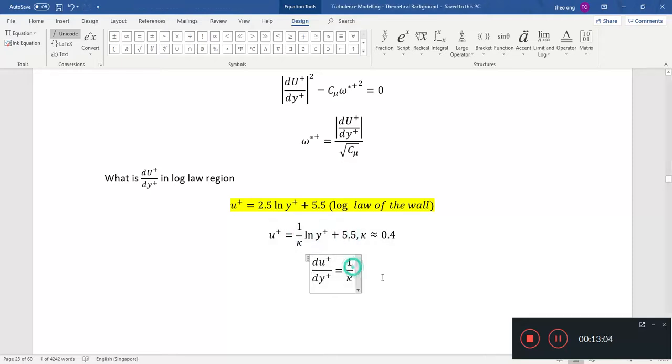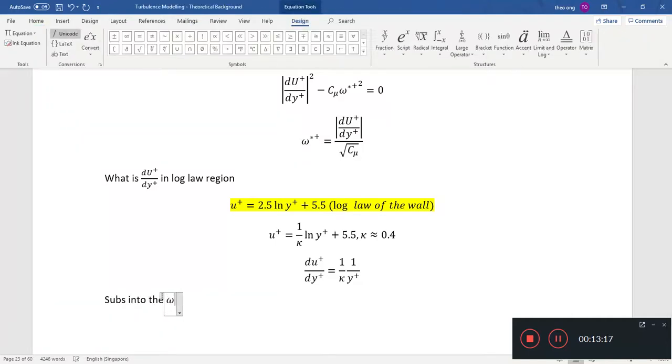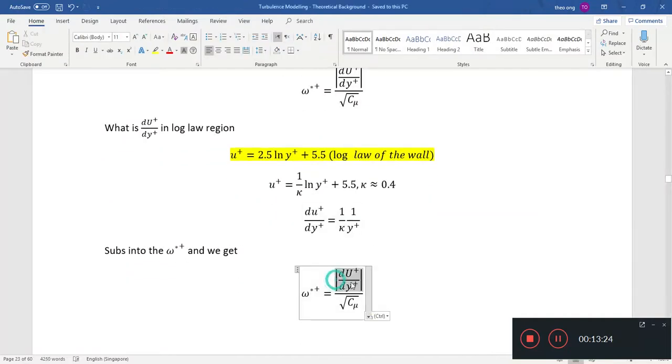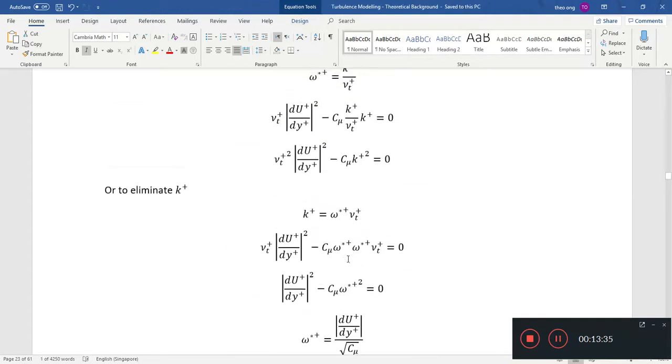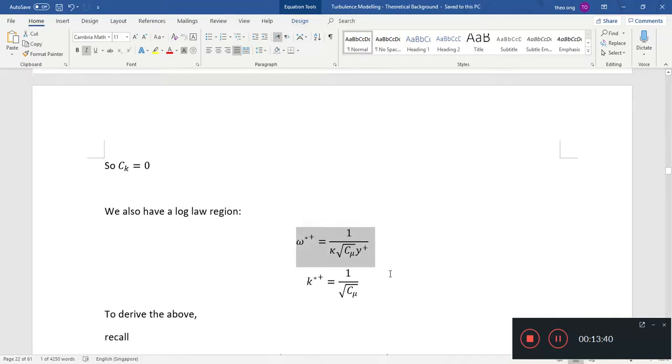Ln y just becomes reduced to 1 over y plus. There we go. And we substitute this in the omega star plus, and we get an equation for omega. So this is roughly how we get our omega, kappa y plus. We take a look at this and compare to this. This is how we derive it.